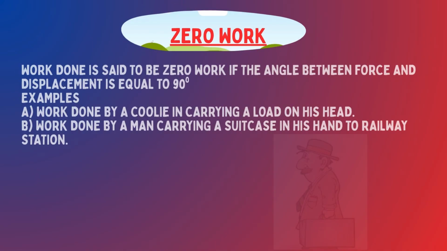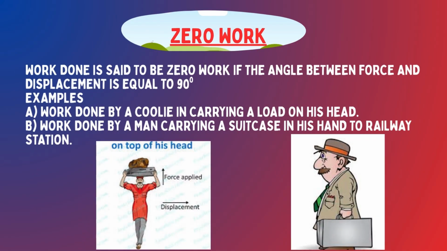Zero work. Work done is said to be zero if the angle between the applied force and displacement produced is equal to 90 degree. So if the applied force and displacement produced are at right angles to each other, then the work done is said to be zero. Let us see some examples.